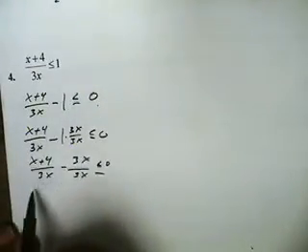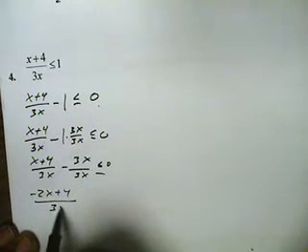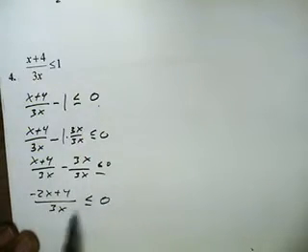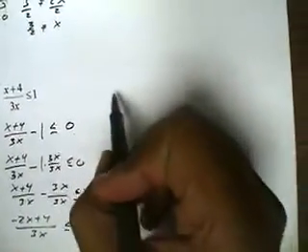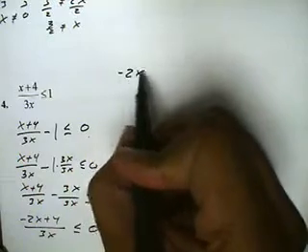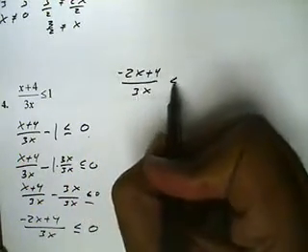So negative 3x plus x gives me negative 2x plus 4, and everything's over 3x. It's less than or equal to 0. Now we have it set against 0. So all of this is equivalent to saying negative 2x plus 4 all over 3x is less than or equal to 0.